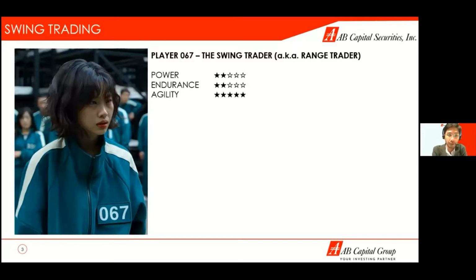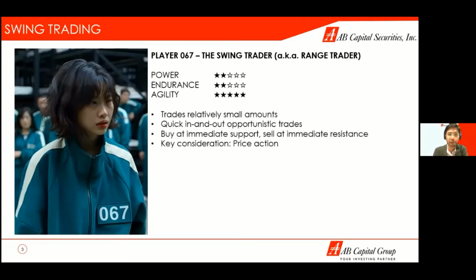For endurance, that's the holding period. For this kind of trader, usually you trade small amounts, you hold on for short periods of time, and agility is how quickly the investor enters and exits the market. So you have 5 stars for agility. That means it's relatively quick in and out.